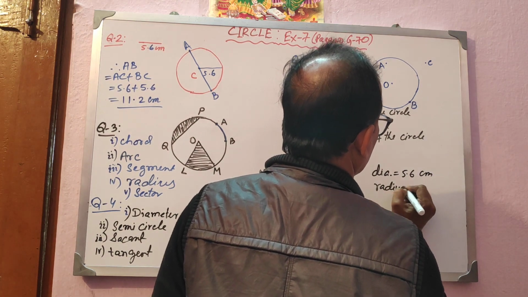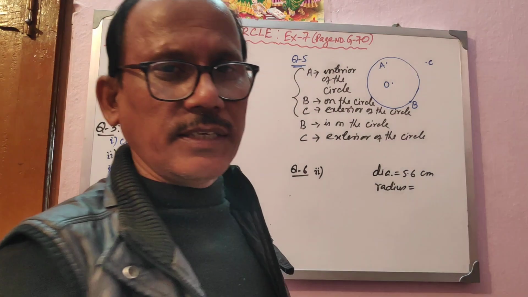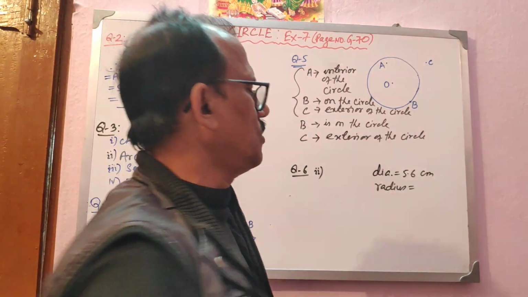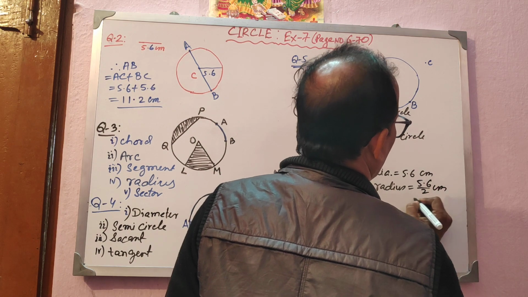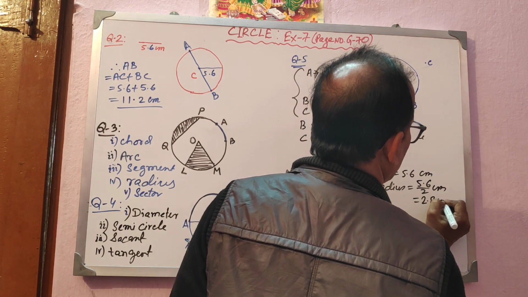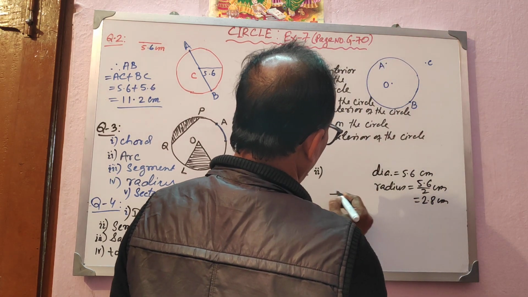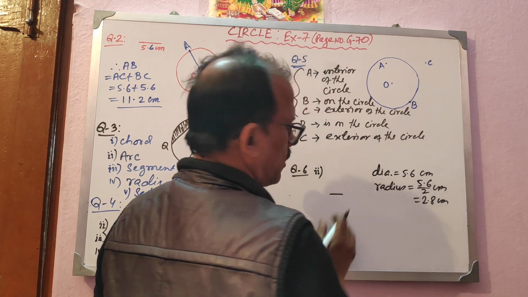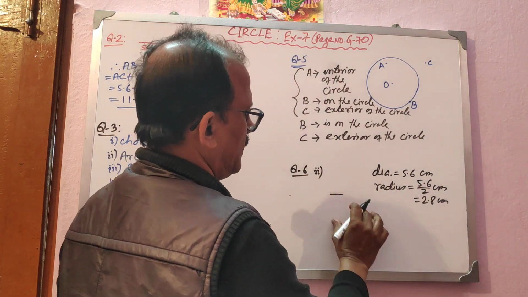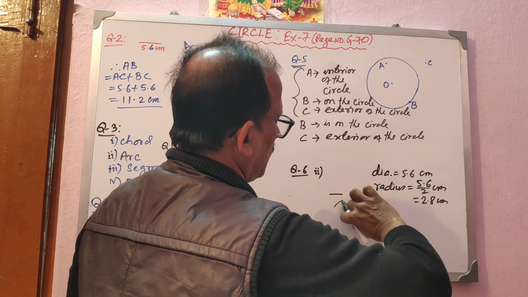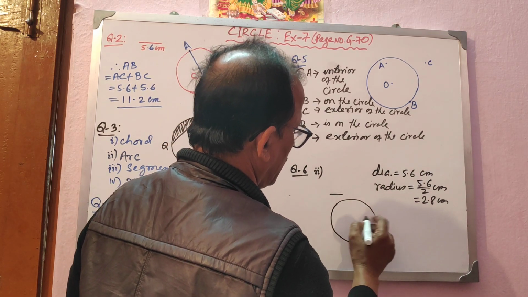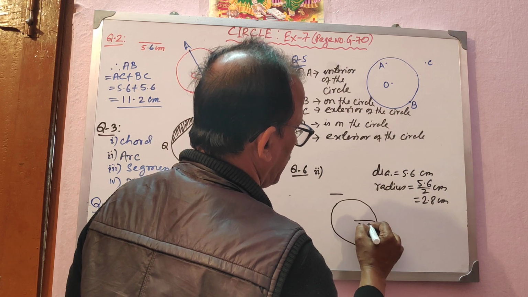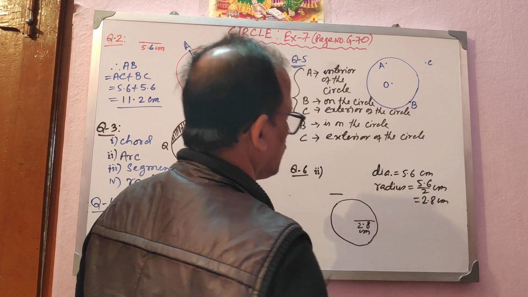Radius is always half of the diameter, and twice the radius is the diameter. So 5.6 divided by 2 centimeters is 2.8 centimeters. So you will draw a line of 2.8, take that as the radius, and then rotate with the help of your compass, and you will get a circle of radius 2.8 centimeters. This is the way you are supposed to draw.